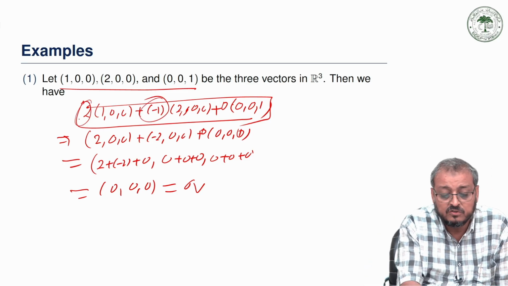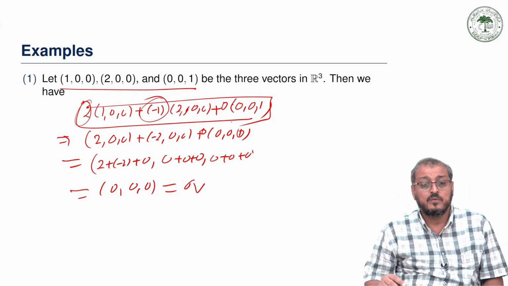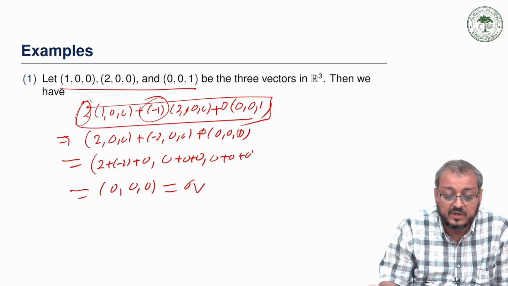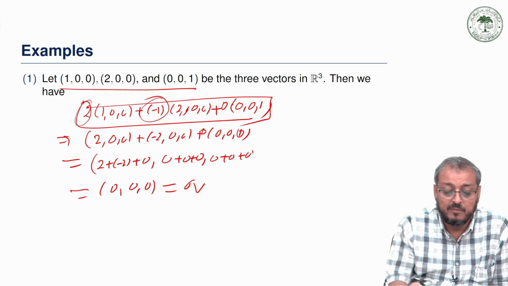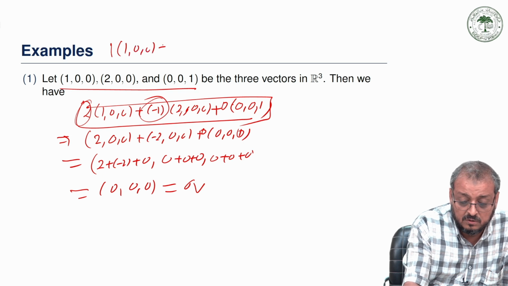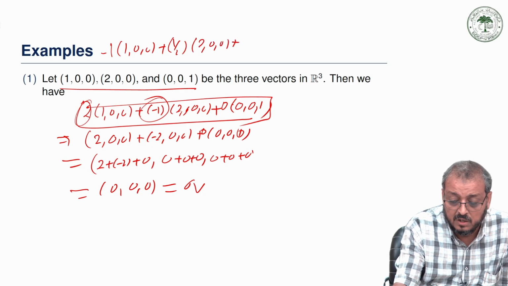or we can write it in a different way also, 1 into this and similarly into this form, minus 1 by 2, or 1 by 2 we can write in another form also. For example, I can write 1 times (1, 0, 0), minus 1, and then half of (2, 0, 0), plus 0 into (0, 0, 1).